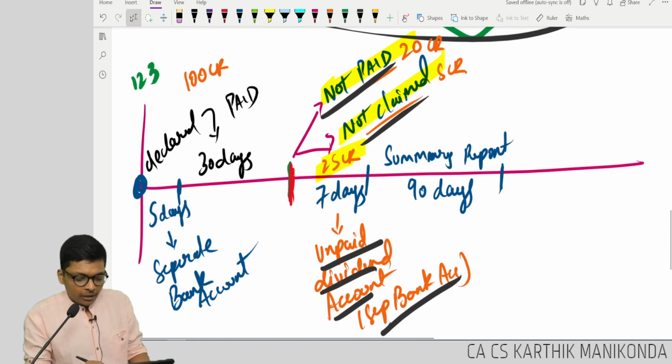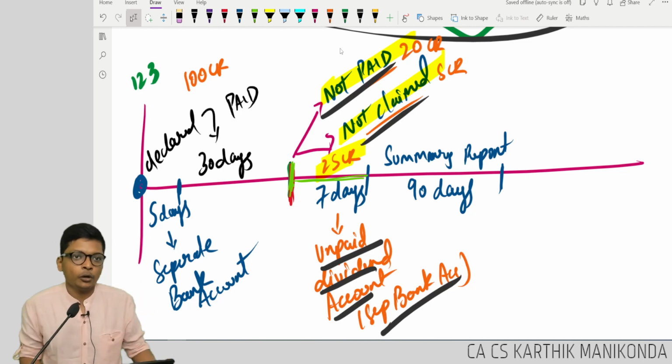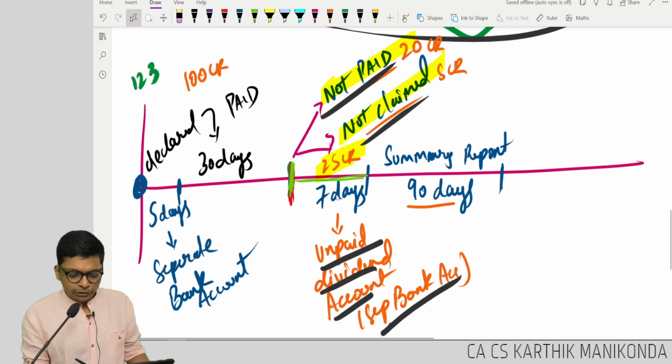Look at this. After 30 days, you have to transfer the balance money to the unpaid dividend account. If I transfer within 3 days, then the 30 will start after 3 days. Are you following? It's not 90 days after expiry of 7 days. It's 90 days after transferring to the unpaid dividend account.